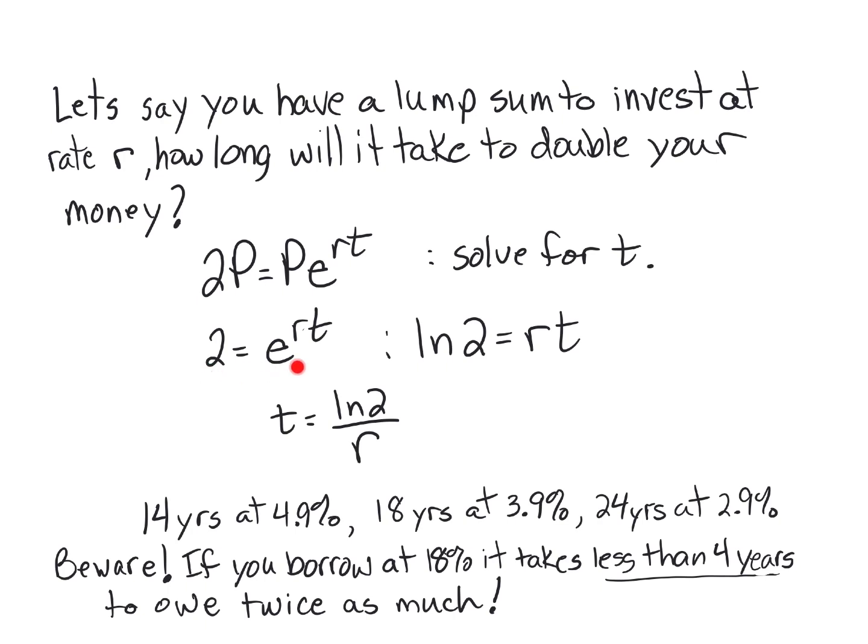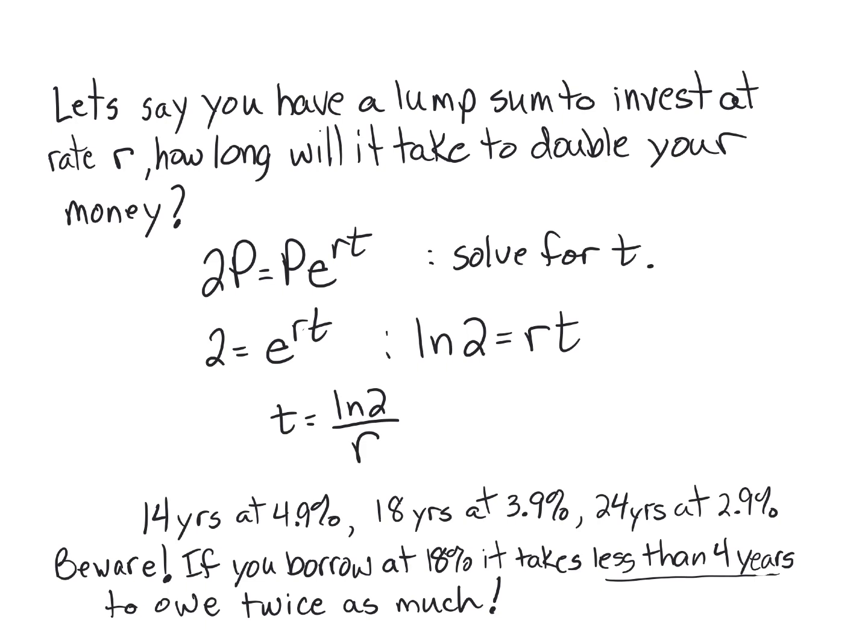We end up with this. Now to get that t by itself, I've got to get it out of the exponent's place. So I'm going to take the ln of both sides of this equation. So the ln of 2 equals the ln of e to the power, which is just the power. Divide away the r, and you see that the amount of time to double your money is going to be dependent on that rate. And it's always the ln of 2 over the rate.